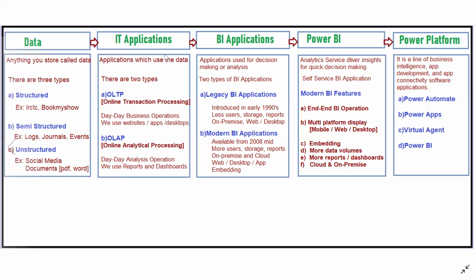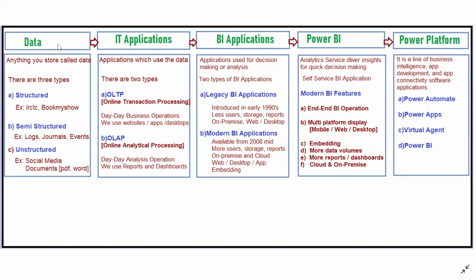So this is your hierarchy. You need to have good knowledge of it. First, you need to know about data. How many types of data are available in the market? You must be aware of it. And luckily, Power BI supports all types of data.